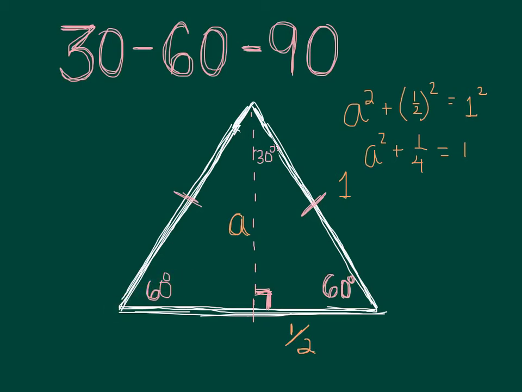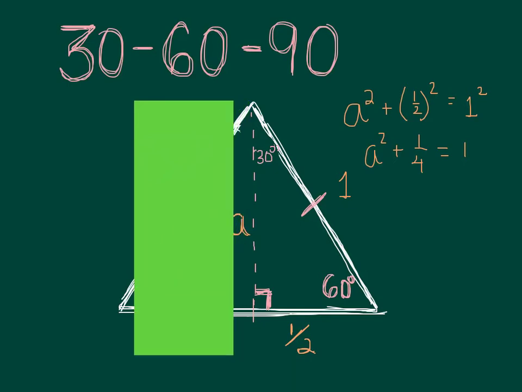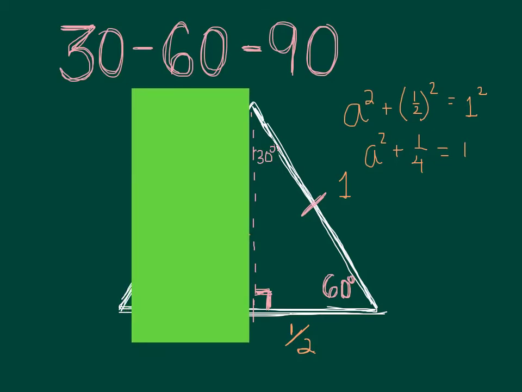So just to make that a little bit more clear, I'm going to put a nice box over this half so that we're not even looking at it anymore. Can't even see it. So now what I'm looking at here is a right triangle with angles 60 degrees, 30 degrees, and 90 degrees. How convenient.